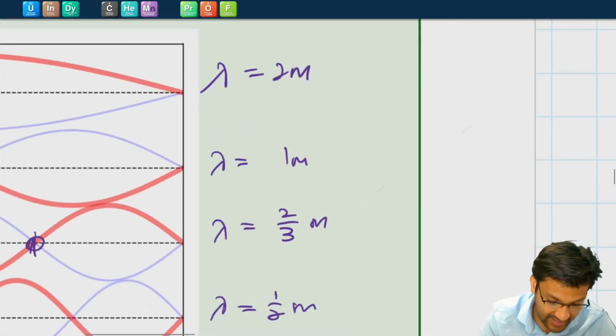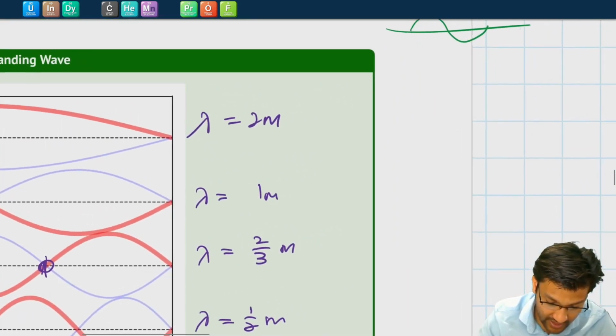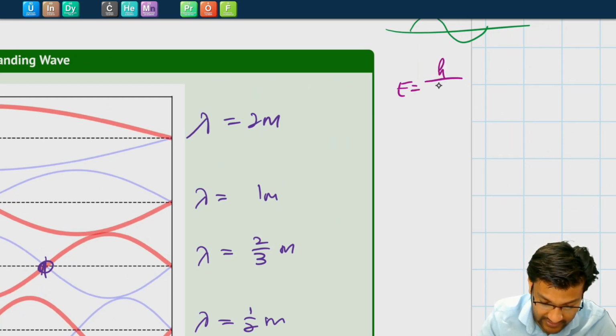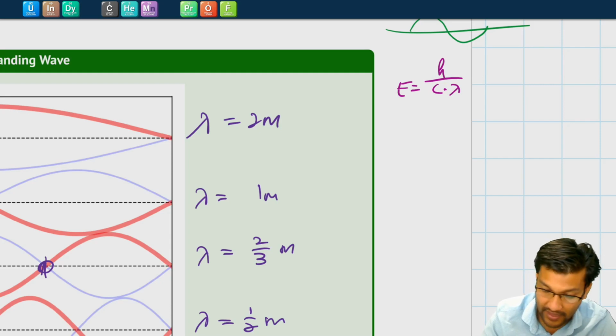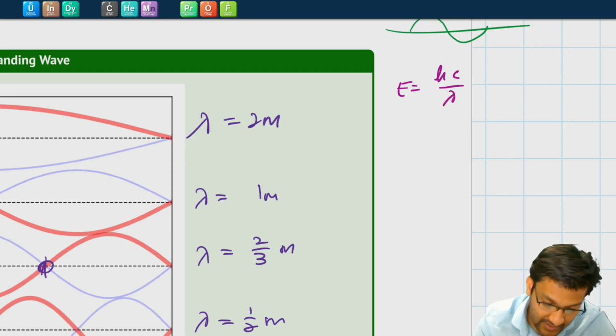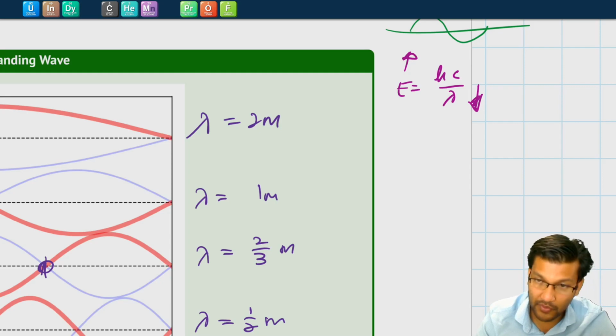If we were going to calculate the energy of these waves using the equation, the energy of, let's say, a photon is hc over lambda, we will see that the energy is inversely proportional to the wavelength. So as the wavelength gets smaller, the energy goes up.